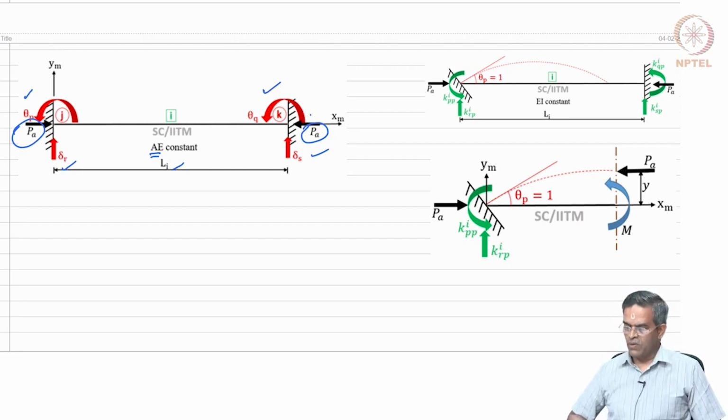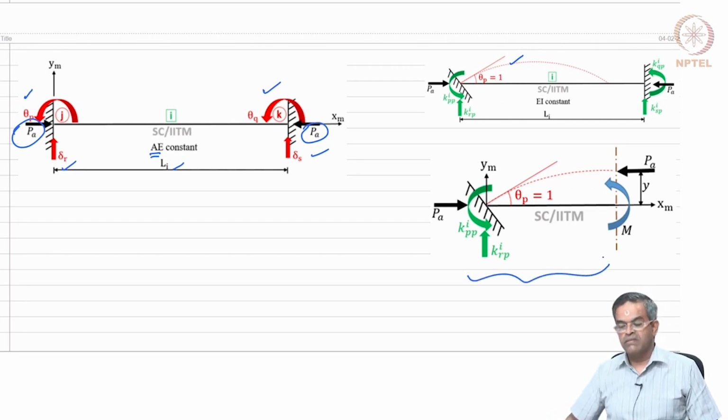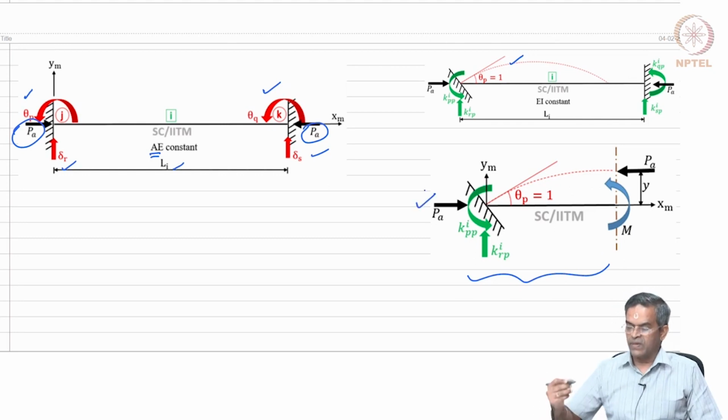So, we gave unit rotation at the jth end, then we wrote the equation for the free body diagram at the displaced position in the presence of axial load. We started with axial compressive load, and we derived the rotation functions. That is what we did.